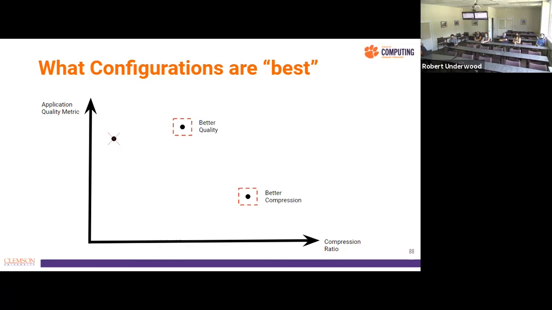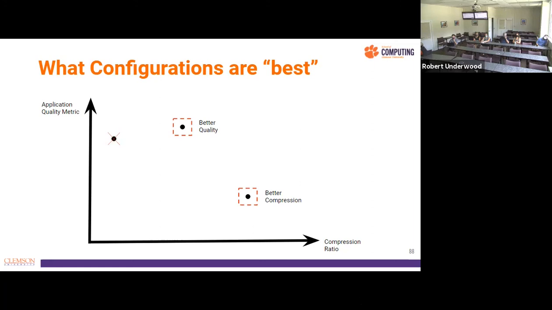Out of these, you would probably eliminate the leftmost point. The reason is there is a point to the right of it in the middle with a higher quality and a better compression ratio, so you wouldn't consider it. But you may still consider the point at the far right, which has a better compression ratio, albeit at a lower quality.